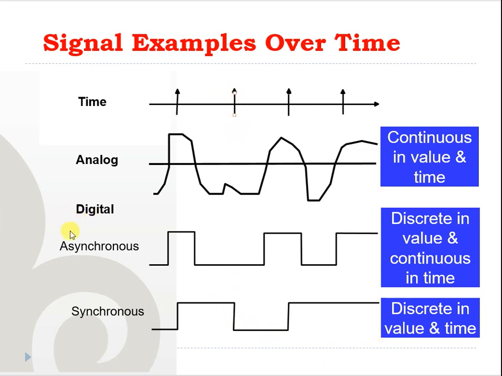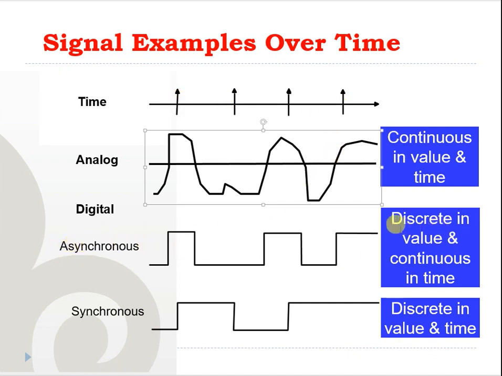While for the asynchronous case, the change of the value only depends on the analog signal. So as long as the value of the analog signal is below 0, we have 0 here, and when it goes above 0, we have 1 here. And then here it changes back to 0. At this point it changes back to 1, and so on and so forth. And you can see that the change happens without considering discrete timing. So that's why it is asynchronous.